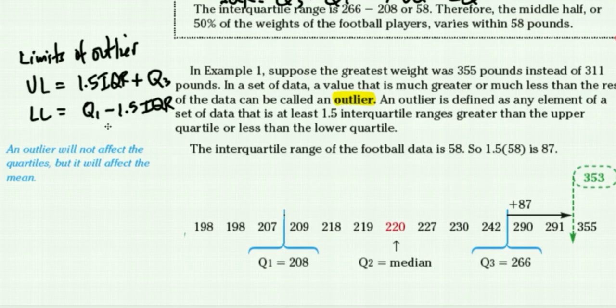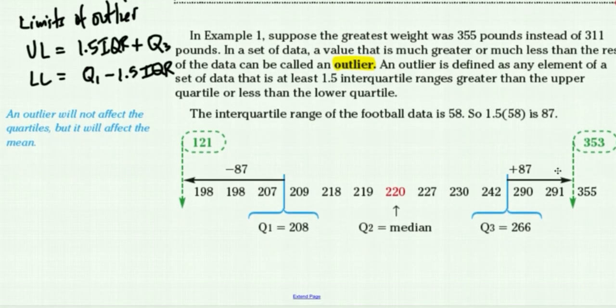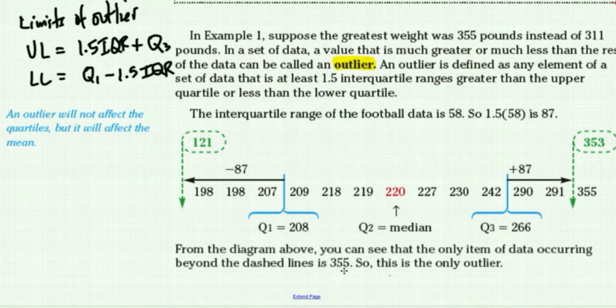To find our lower limit, Q1 minus 1.5 IQR, or Q1 minus 87, we subtract 87, and this becomes our lower limit, 121. Anything beyond 353 is an outlier, and anything beyond 121 is an outlier as well. If you look at our graph, we have one piece of data that is beyond 353. That means there is an outlier.